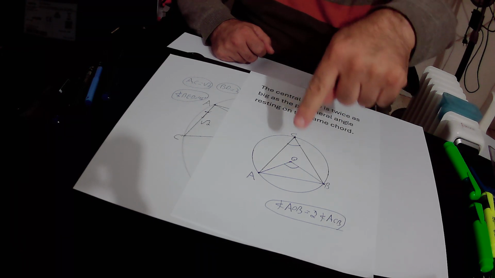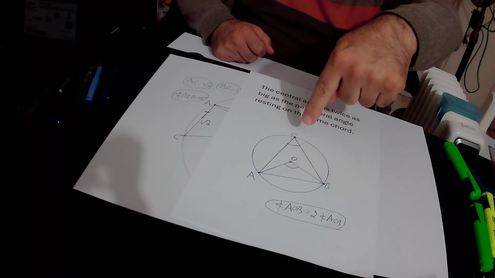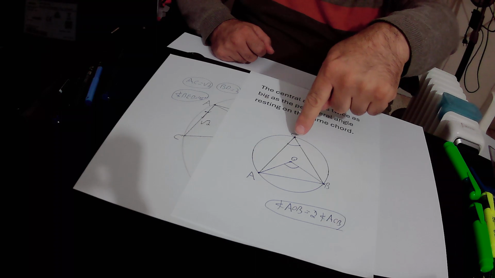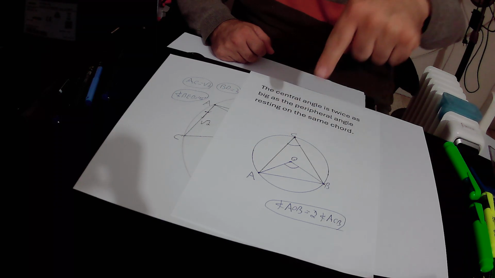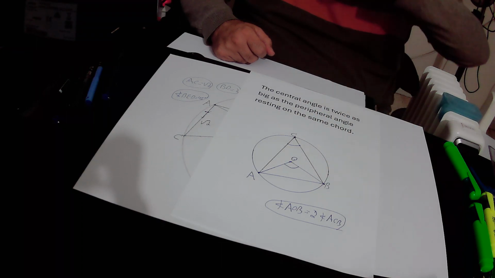That is to say, angle AOB equals 2 times the peripheral angle ACB.